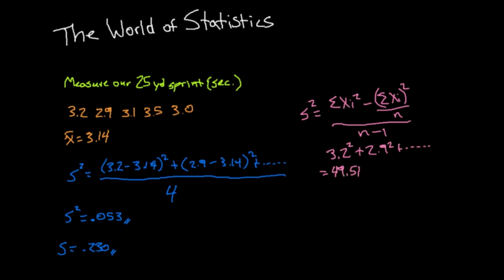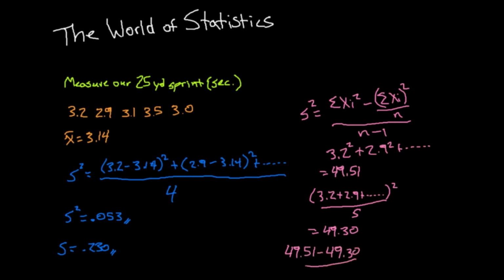The next part, 3.2 plus 2.9, etc., we're going to square that and divide by 5. That gives us a value of 49.30. So now we're just going to take 49.51 minus 49.30, and we're going to divide by 4. And that gives us a value of, lo and behold, 0.053.